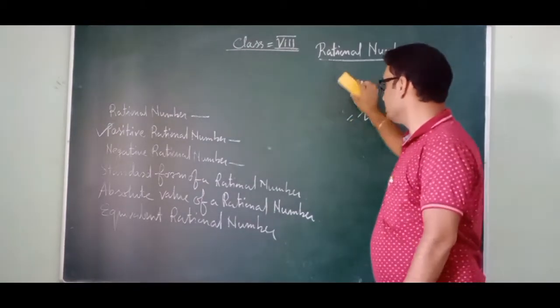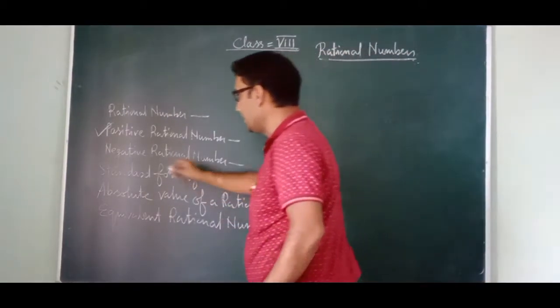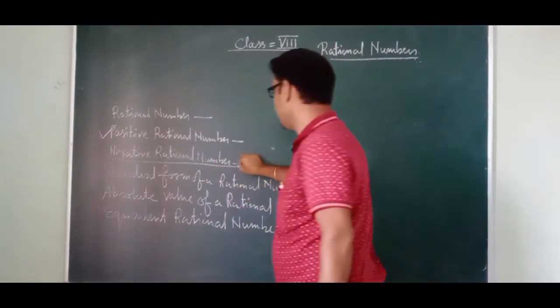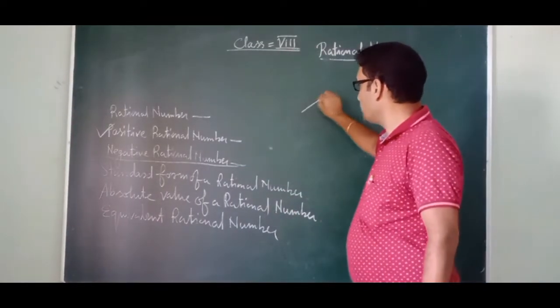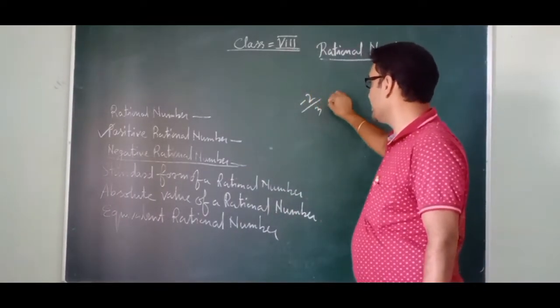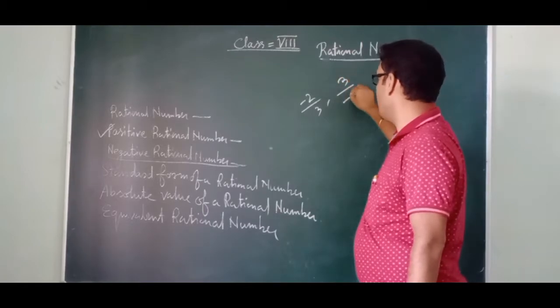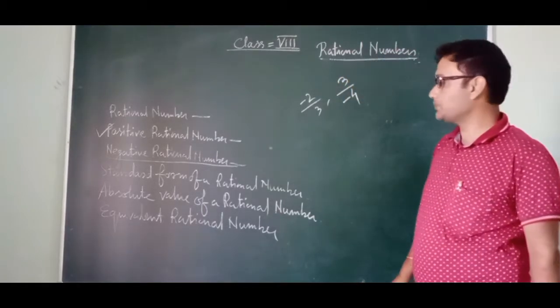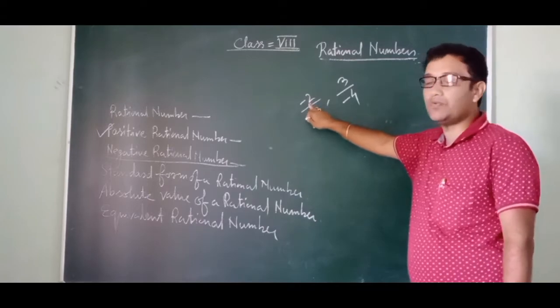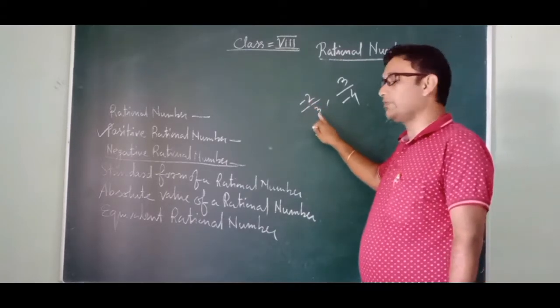Next point is your negative rational number. Negative rational number means what? Suppose here minus 2 by 3 and here 3 by minus 4. Here you see the numerator value is negative and the denominator value is positive.